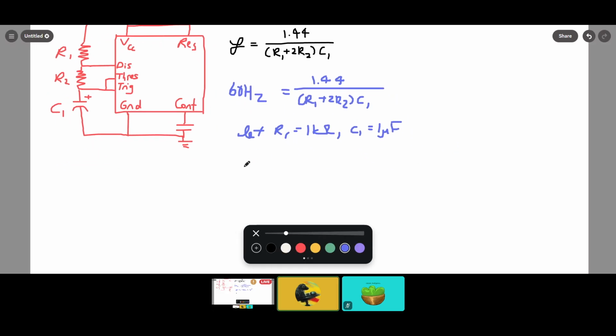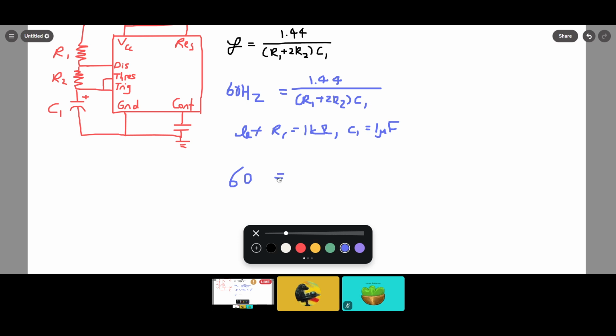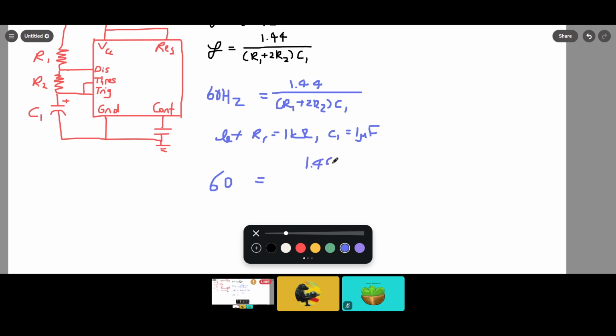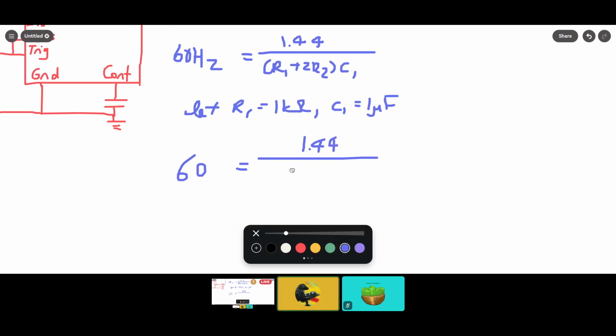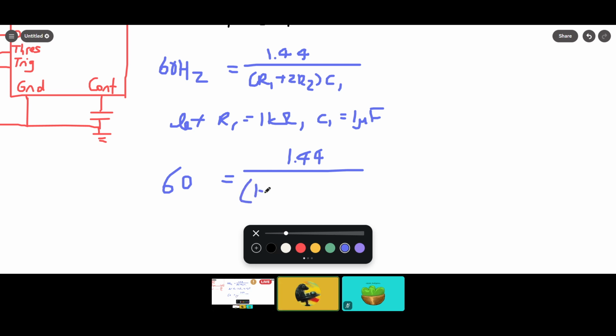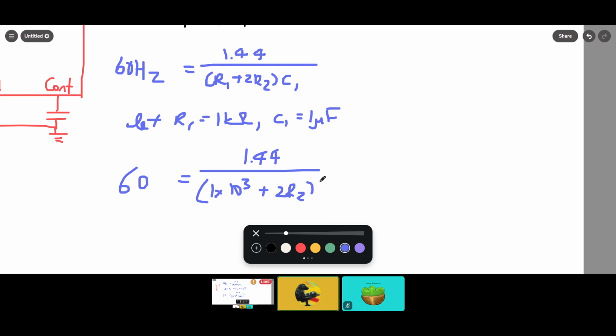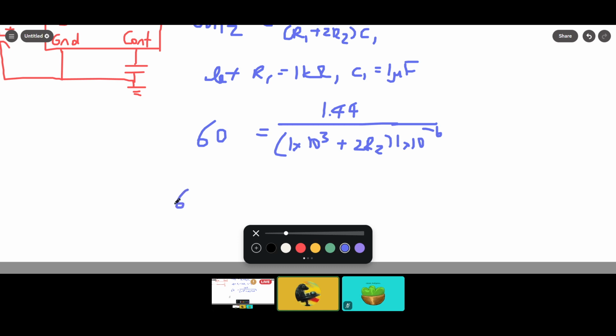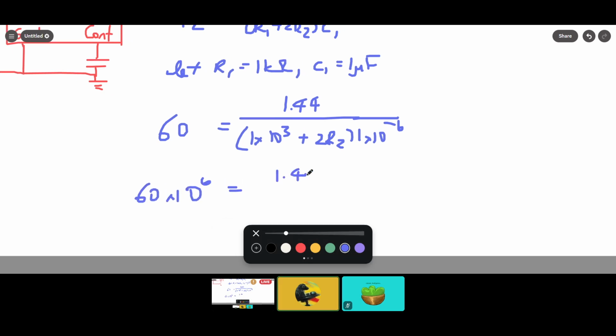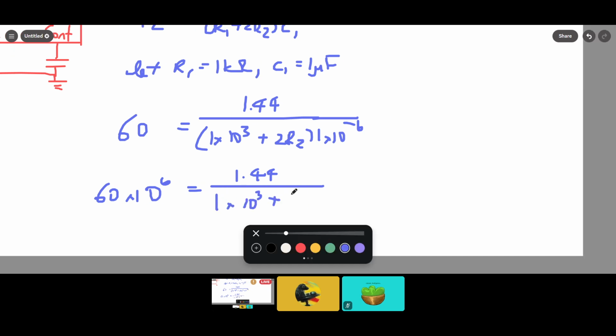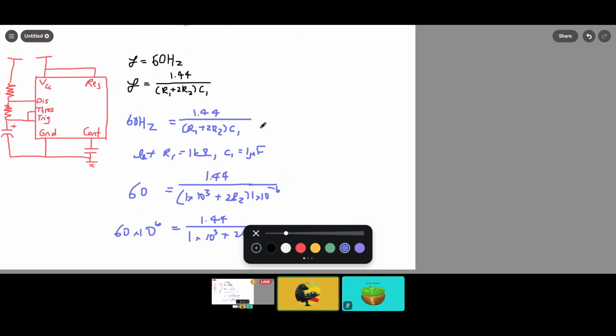Okay, so this will make it such that 60 is this. I've already talked through the algebra last time, so I'm just going to do it here. We get 2R2 and we get 1 times 10 to the power of minus 6. Then we do the same thing again. Is this 2R2, then we get this.